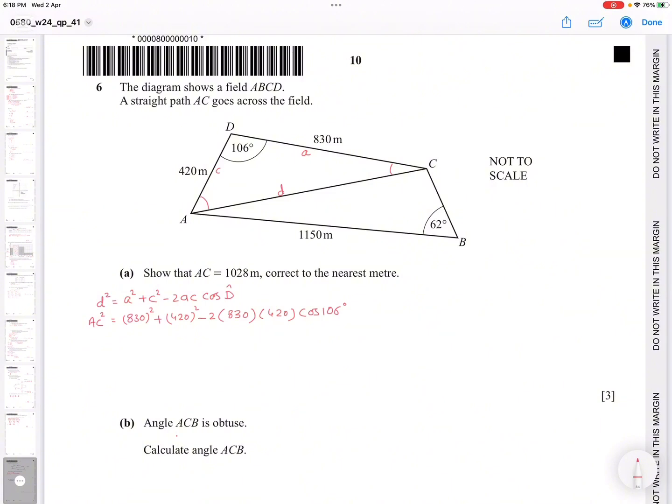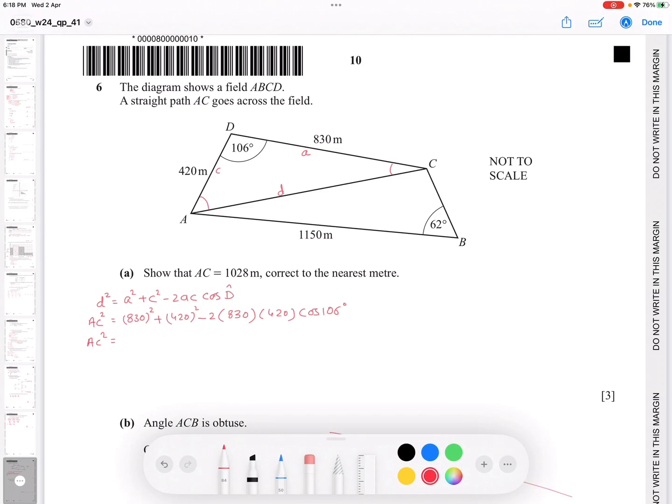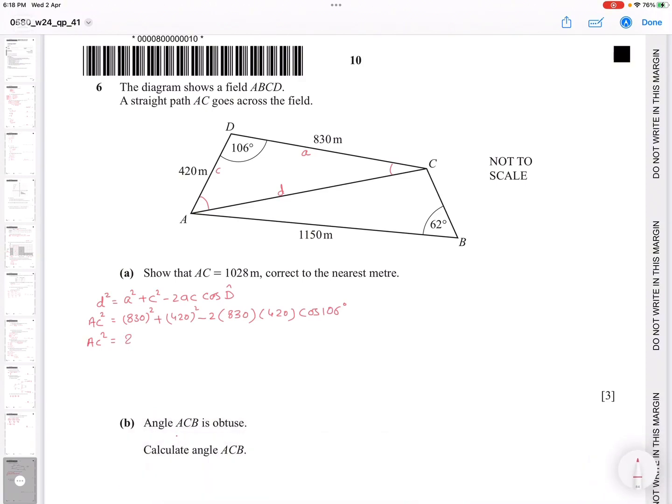Simplify this first and write its value: 865,300 minus, now you calculate all of this portion, 2 times 830 times 420 cos of 106, this would be minus 192,174.36.